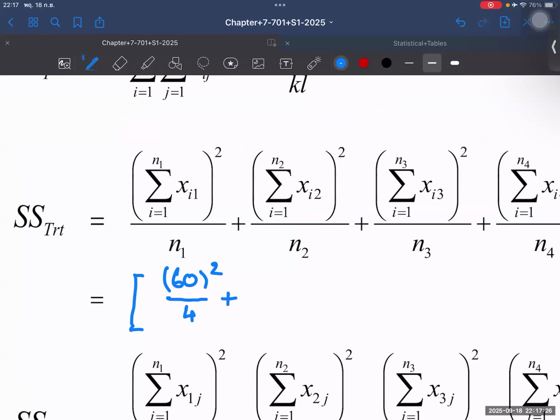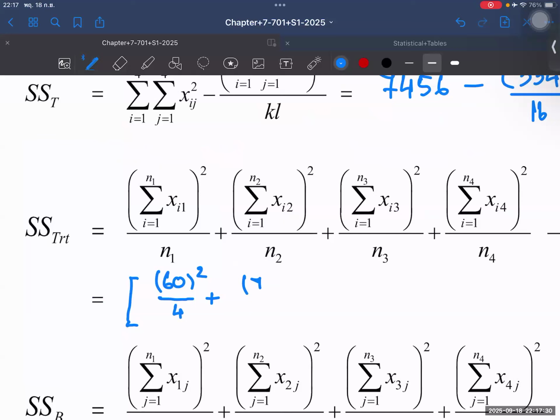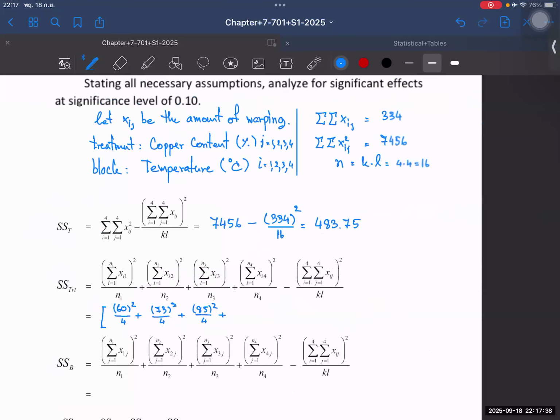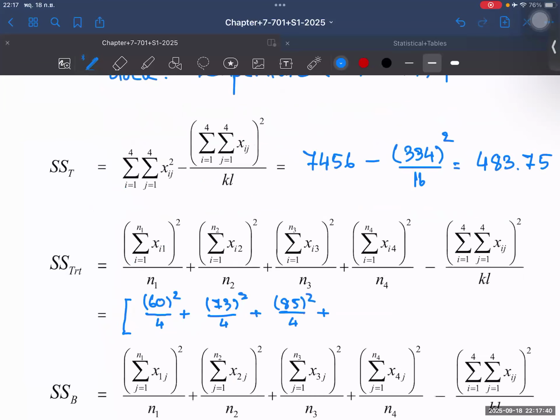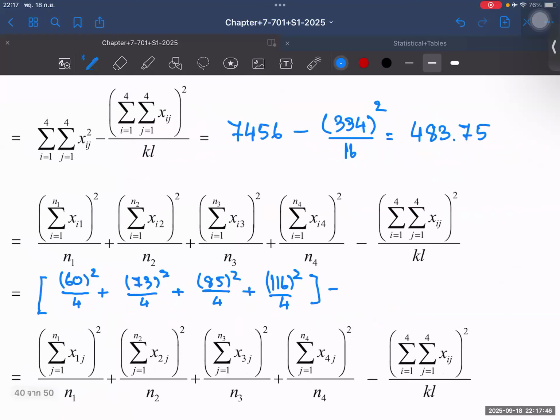Plus 85 plus minus, to the power 2 and 16.